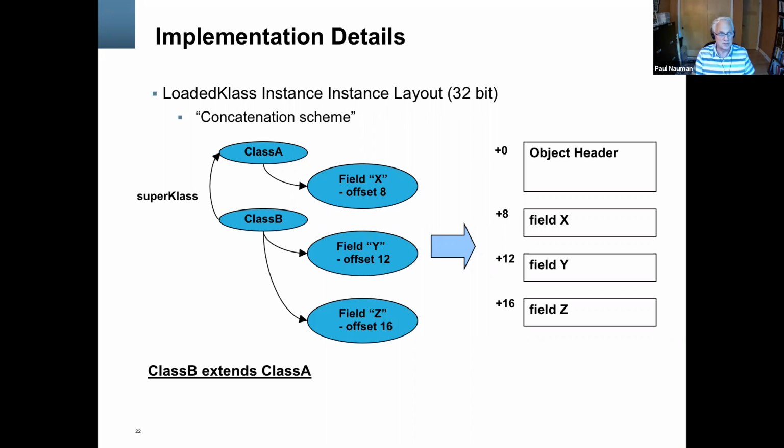So the JVM always knows where to look for field X. Similarly, for field Y and field Z, those are at fixed offsets. And if somebody were to create a subclass of Class B, then those fields would still be in that location for instances of that subclass.